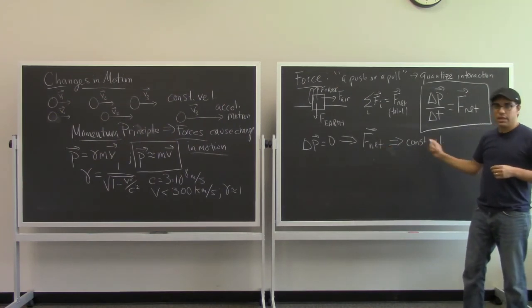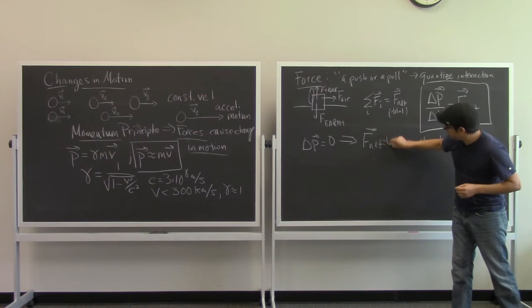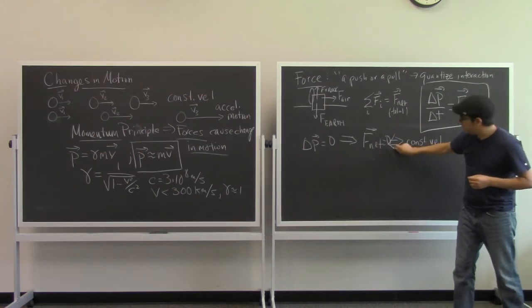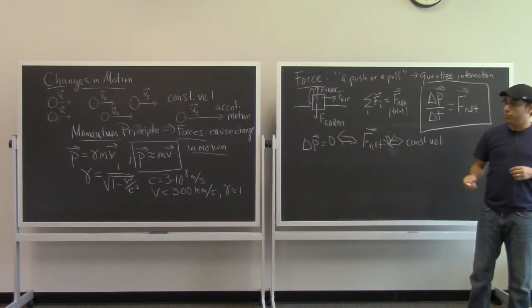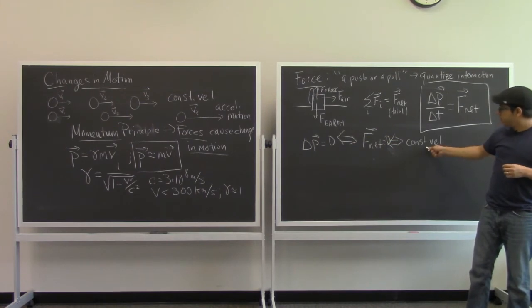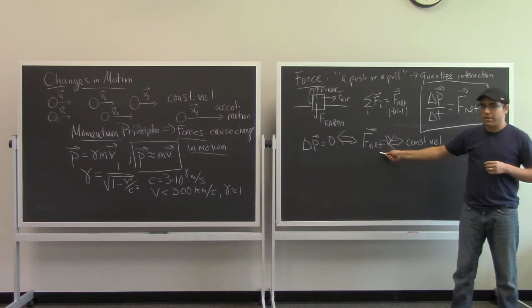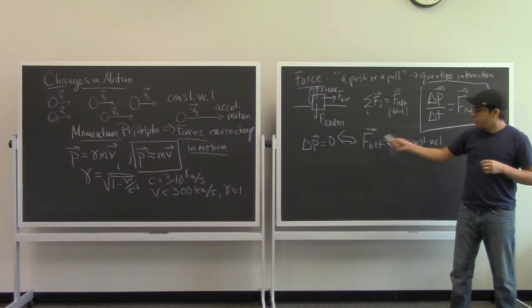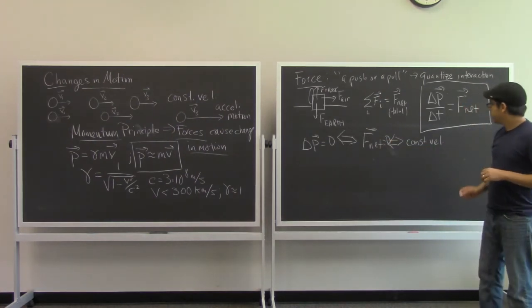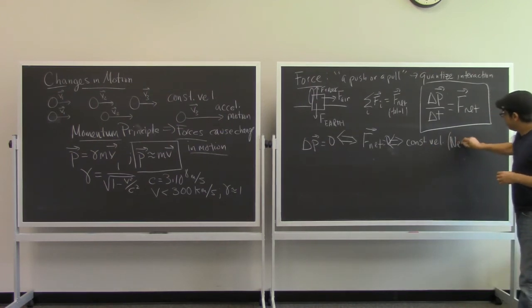It turns out that any of these actually suggest the other. So the arrows are sort of dual-ended arrows. If some object is observed to move at constant velocity, it does not change its momentum, and the net force acting on it is 0, and so on. You can conclude from any of these that that's the case. This is often thought of as Newton's first law.